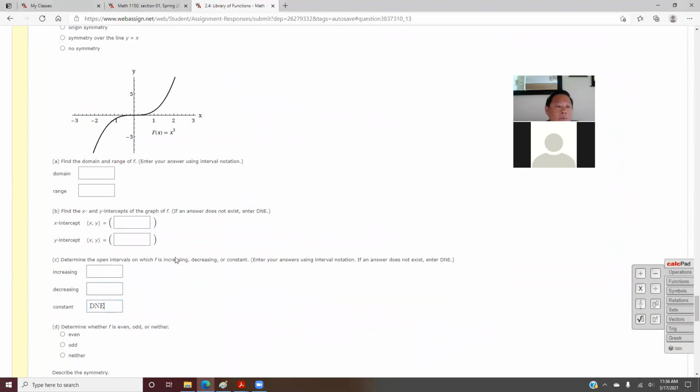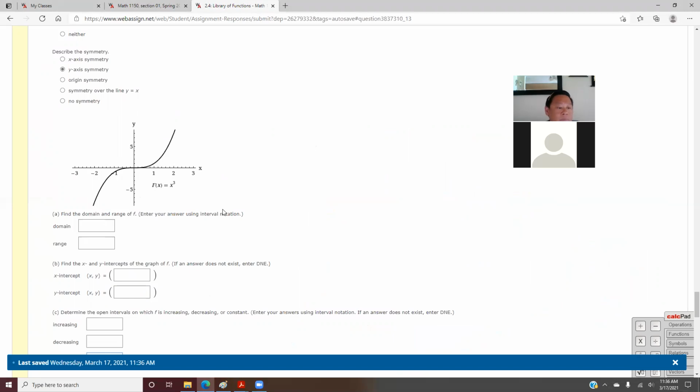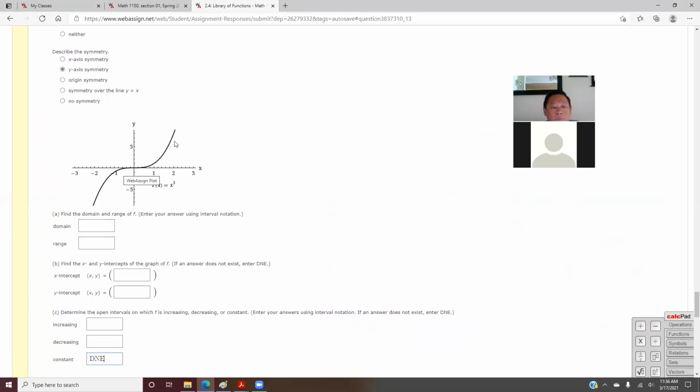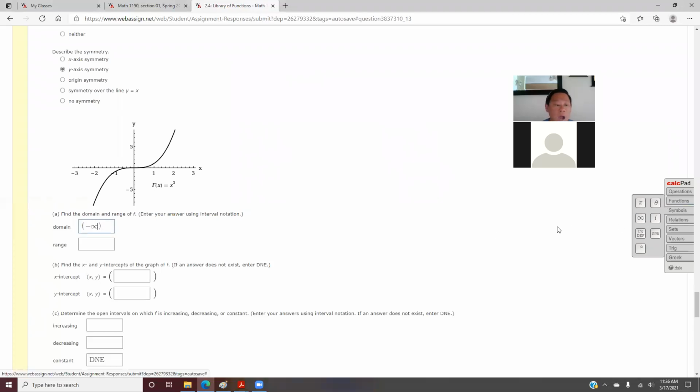So what about this one? What is the domain for the cube or 5th, any odd power here? Again, this goes all the way to infinities. This one goes all the way down and up. So negative infinity to infinity. How about your range in this case?